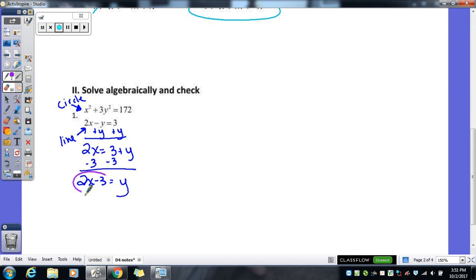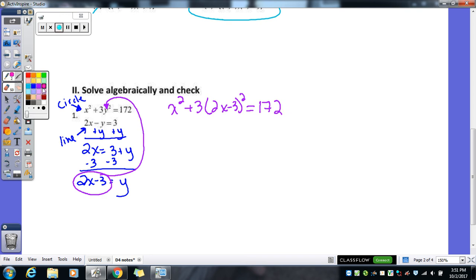So I'm going to take this and plug it in for the y up there. So that gives me x squared plus 3 times 2x minus 3 squared. The y was squared, so that's going to be squared. Equals 172. So now we have just the one variable, just the x. So I've got to take this and write it out and multiply.